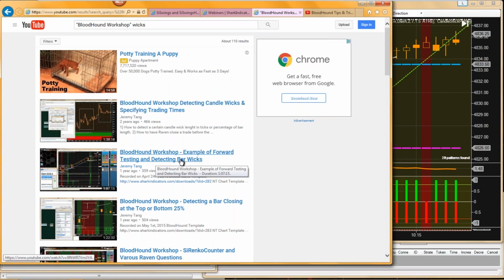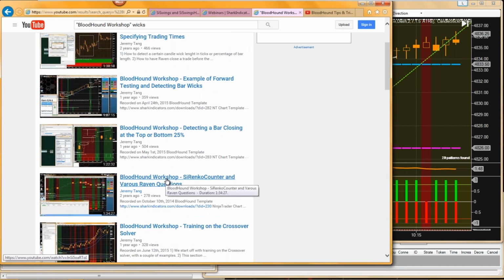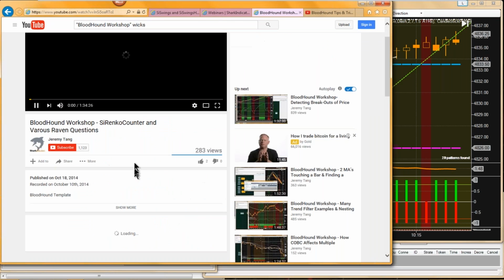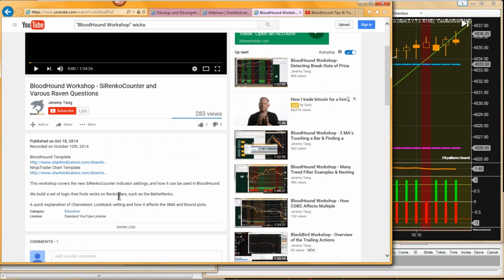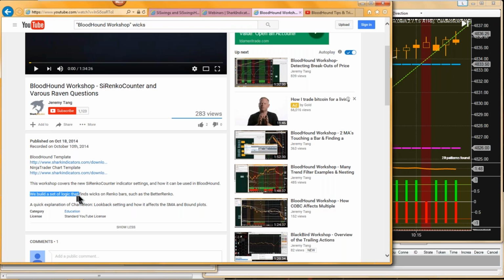There we go. Detecting bar wicks. This one's rank up counter and various Raven questions, but it probably has some questions in there regarding wicks. Here we go. Yeah. So there's a logic that finds wicks on Renko bars. All right.